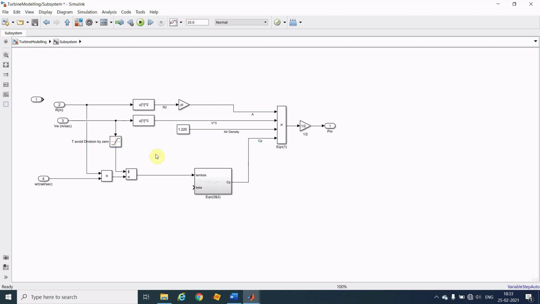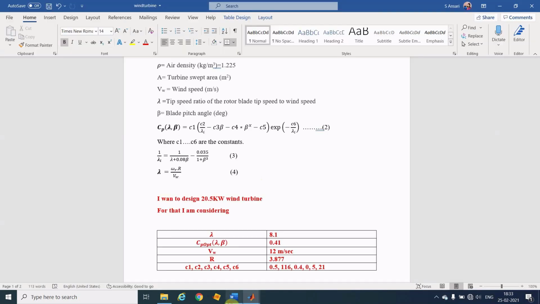Now we need beta. Beta is a constant here. When you develop a pitch controller, that is another thing, but here we are taking it as a constant, that is 0. Beta should be 0, then this CP optimum will be 0.41, what we have taken here.